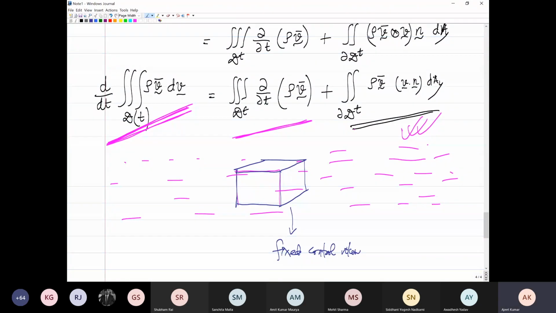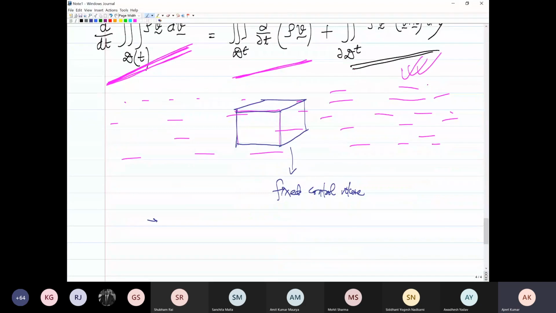So what you see is that fluid particles are not just entering but also going out. So the mass of the system inside the control volume is not the same at every time.